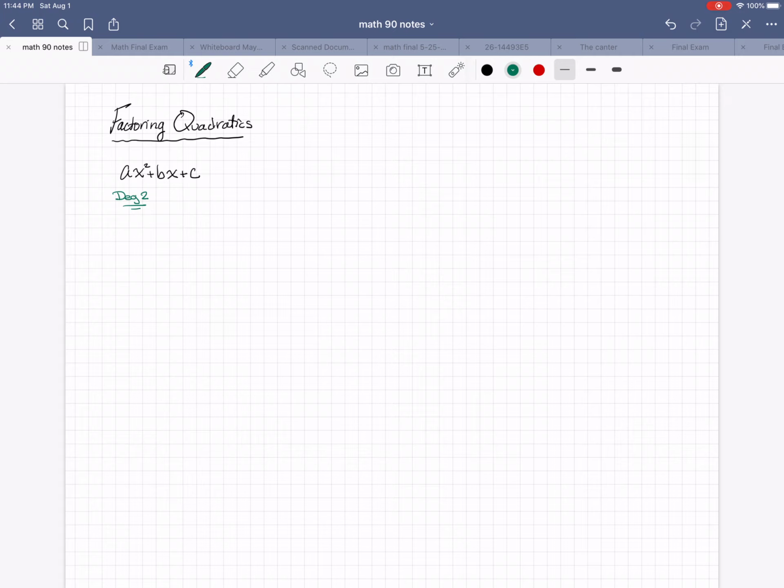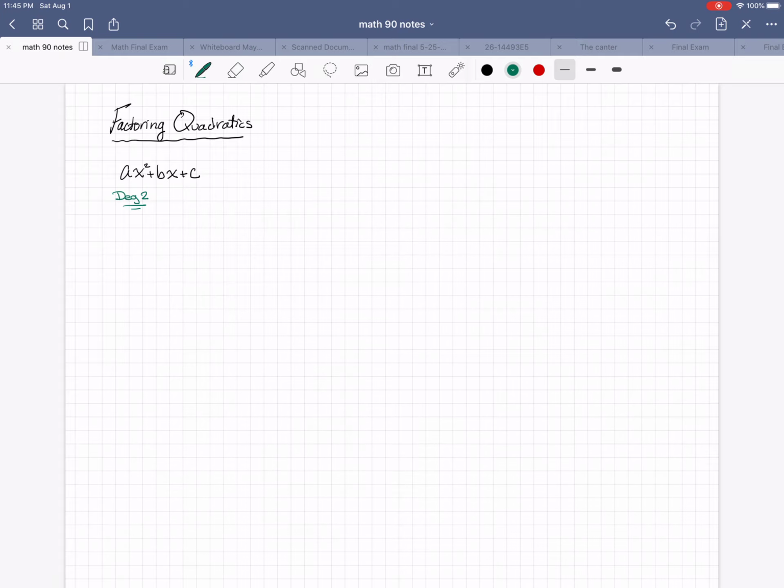Because it means that if a quadratic polynomial factors, it has to factor into either a degree 0 factor, a constant, and a degree 2 factor, a quadratic, or two degree 1 polynomials. It's really important to be thinking about that as you are factoring a quadratic.